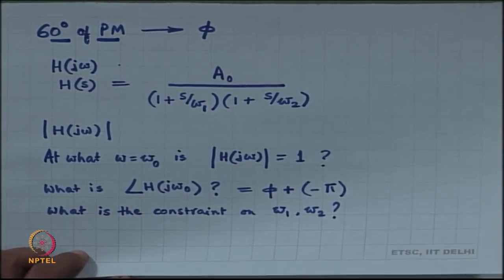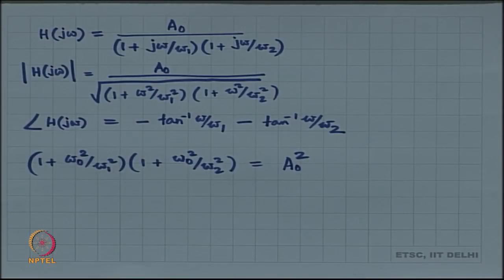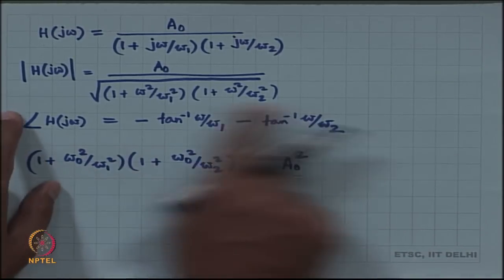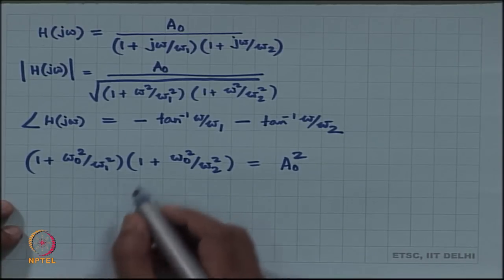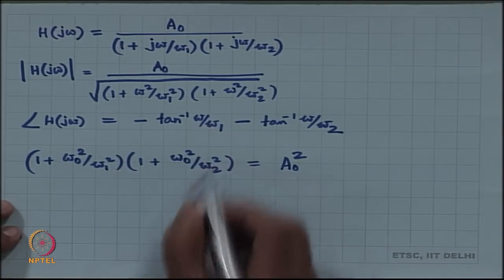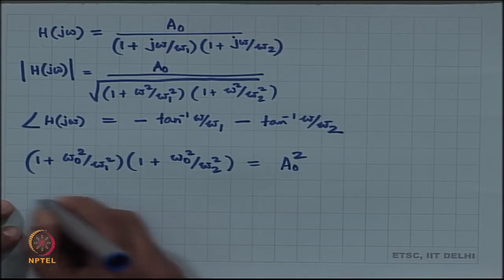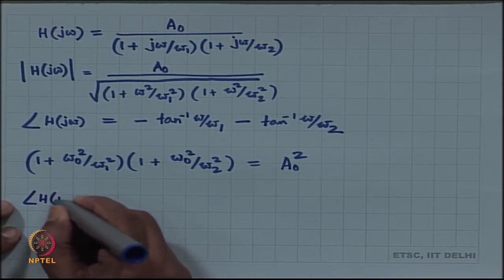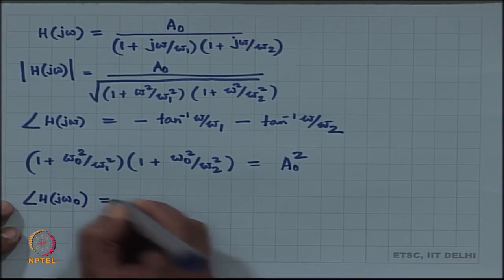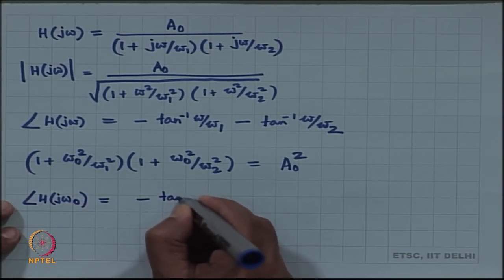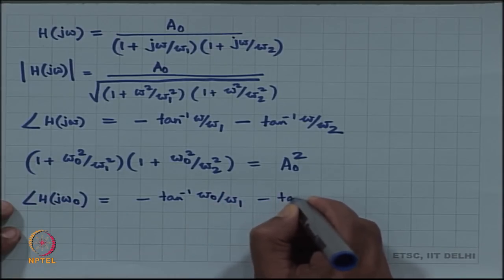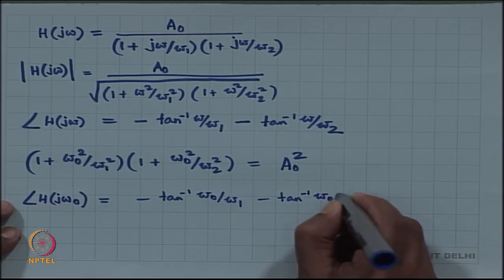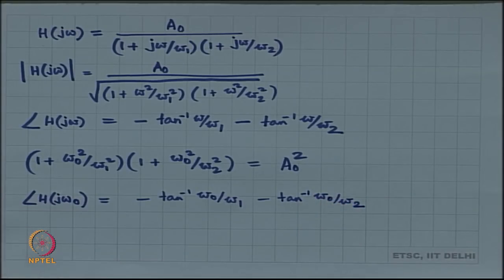Okay. What is angle h of j omega naught? So, angle h of j omega naught is so much. At omega equal to omega naught, just plug in omega naught, so much, alright.